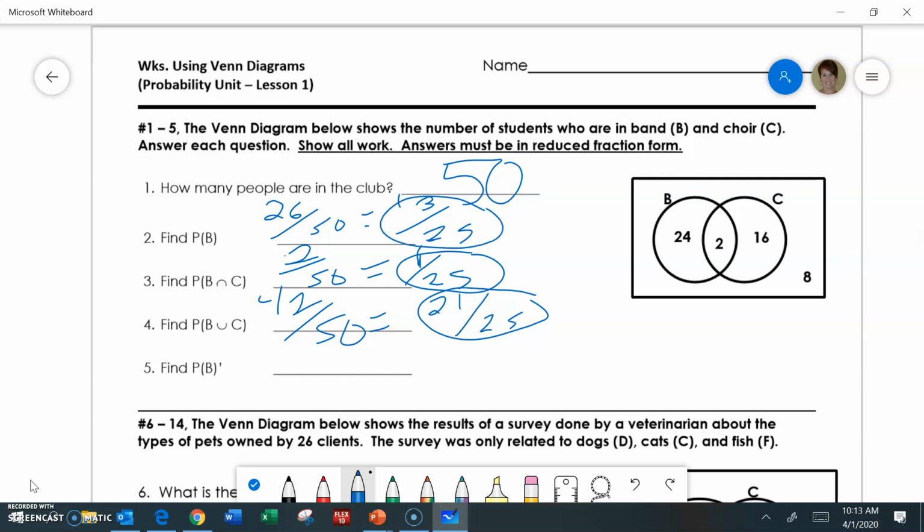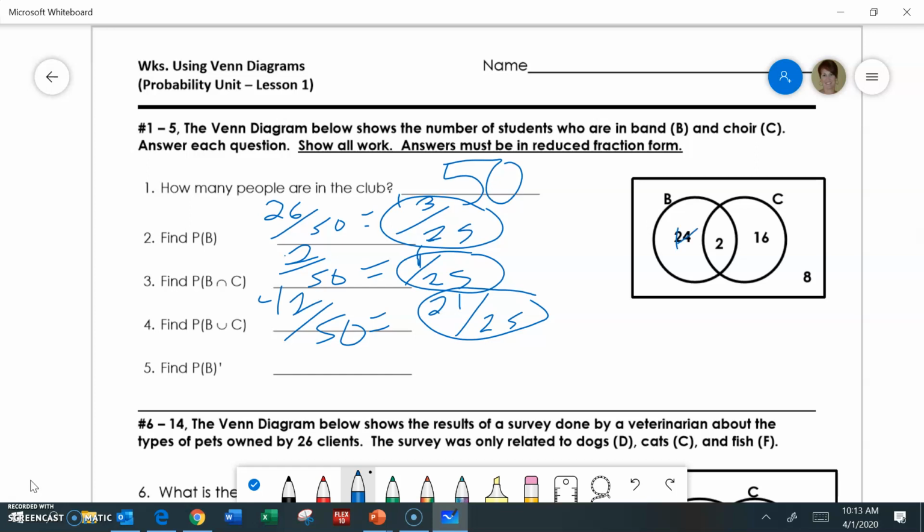And for number 5, this is a complement. If you can remember that apostrophe after that B means not. As we go through this chapter, you'll find maybe other ways to kind of see what that means. But we're trying to find the probability that they are not in band. And so if we look at our Venn diagram, we can't use this 24 because those are obviously in band.